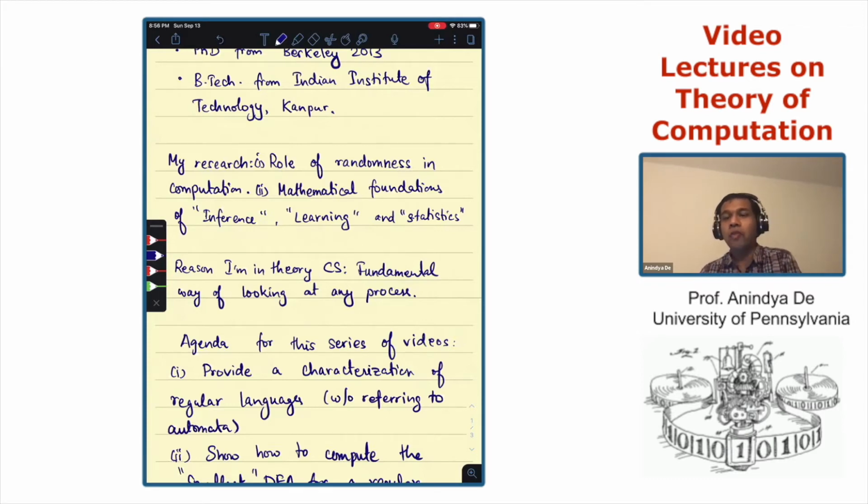It's a way of understanding how, in a bottom-up fashion, simple processes can give rise to very complicated phenomena. And towards that, I believe theoretical CS is a very foundational way of understanding these processes.